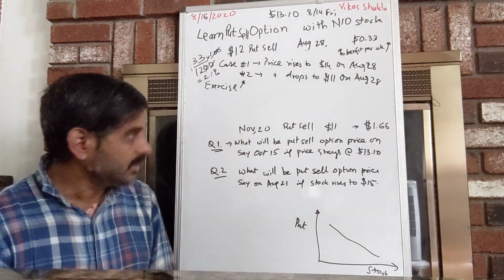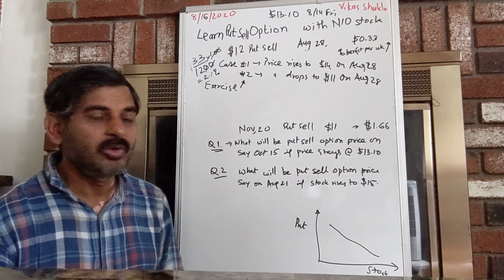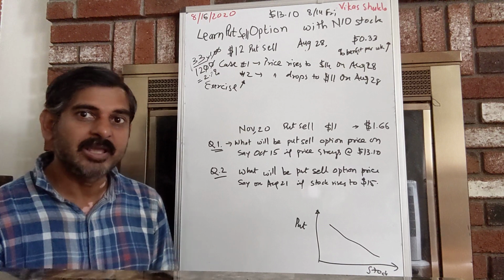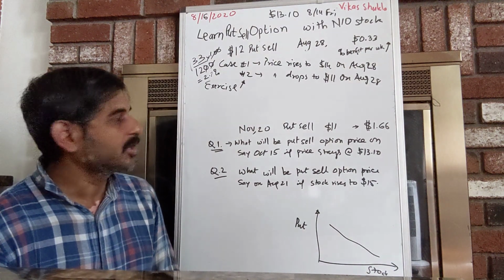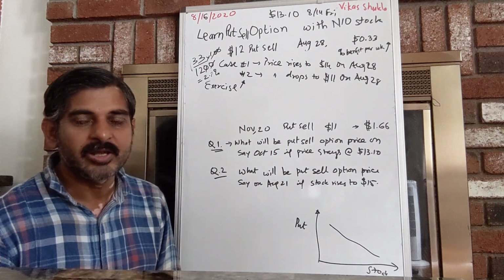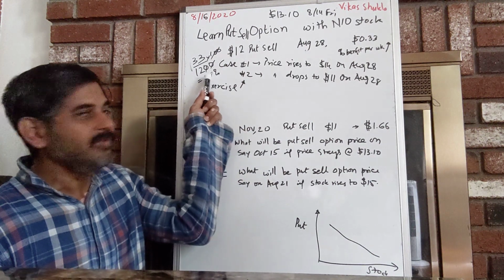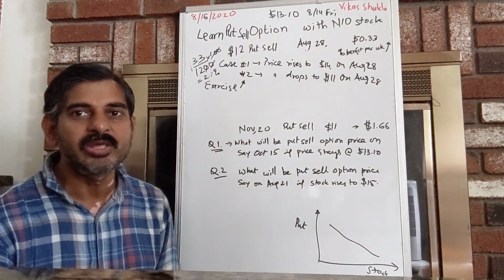And why do I take $12 here? Because your broker will set aside $12 as a kind of escrow money, and that will become clear in case number 2. Now think about these 2 points, and for simplicity keep it at 1% per week.